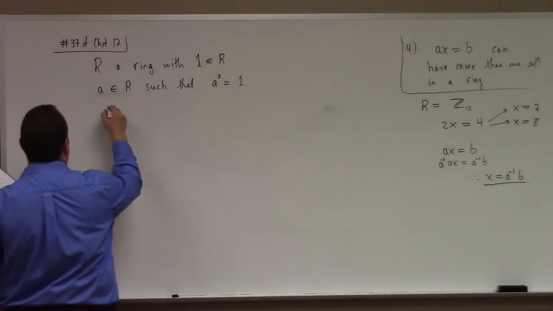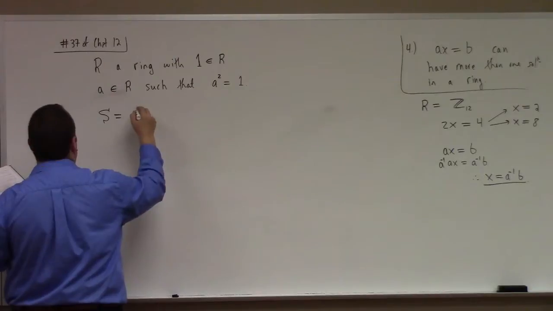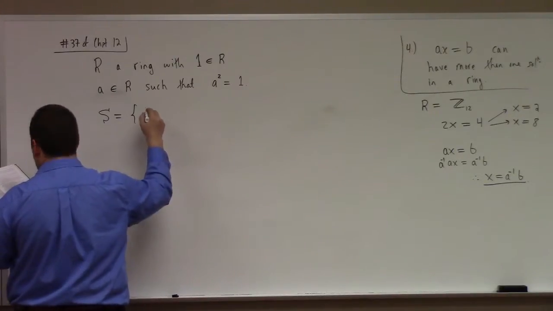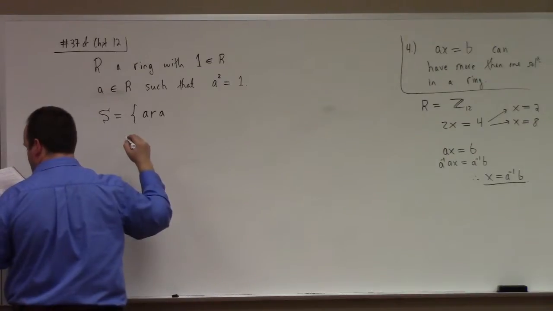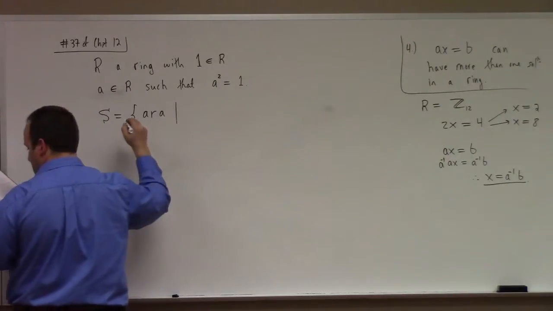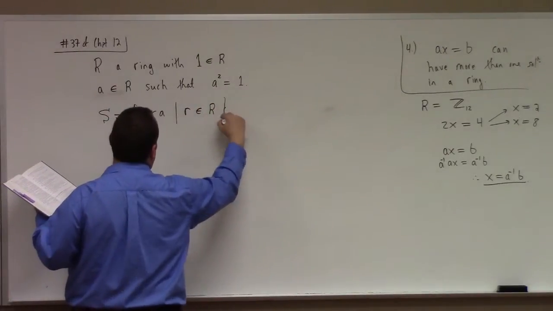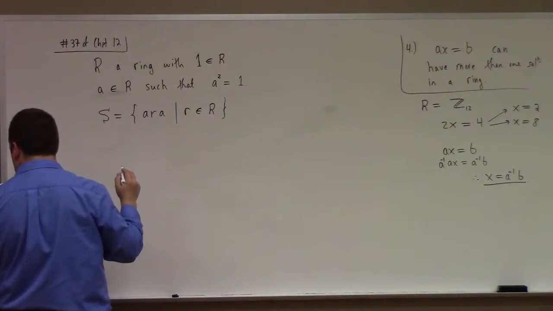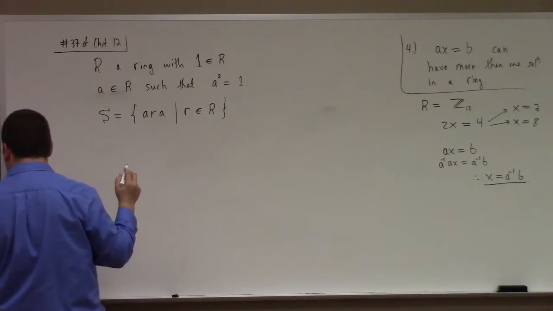And he says let S, so this looks like a subring question, doesn't it? S is the set of elements ARA such that R is in the ring. Prove that S is a subring of R. Does S contain 1?